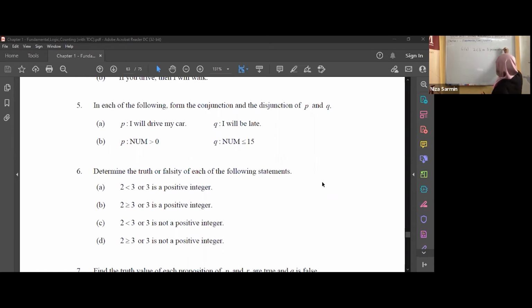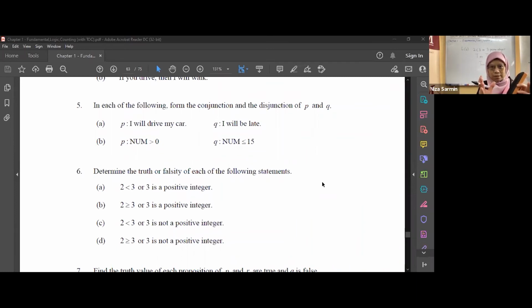True or false? True. 3 is a positive integer, true or false? 2 is less than 3, true. 3 is a positive integer, true. So true or true becomes true. This is how you do it, yeah?